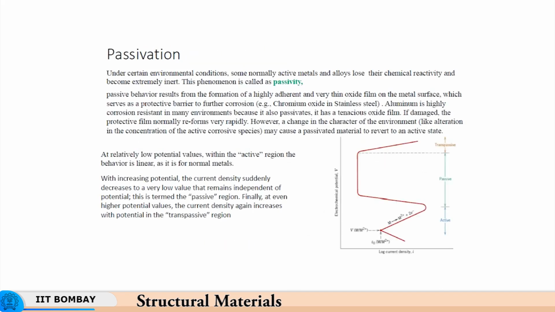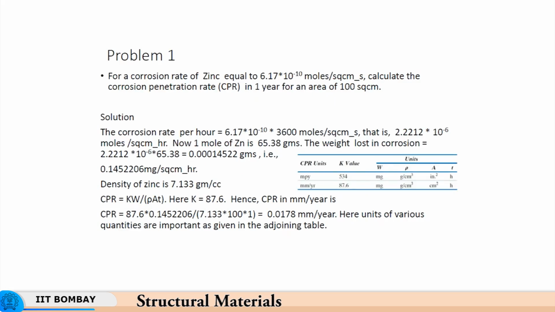Now, if you look at the first problem, we see here that the corrosion rate of zinc is equal to so much as we have just calculated. Now, what we need to find out is the corrosion penetration rate. So, I know that a certain number of moles are going to be lost per square centimeter per second, but then we need to find out the corrosion penetration rate in 1 year for an area of 100 square centimeter.